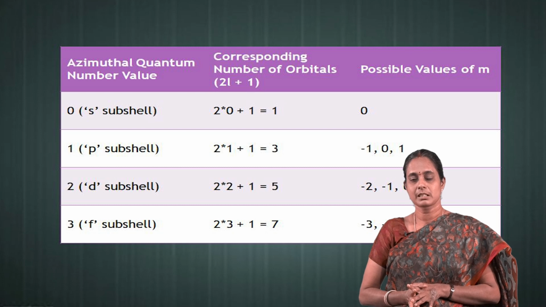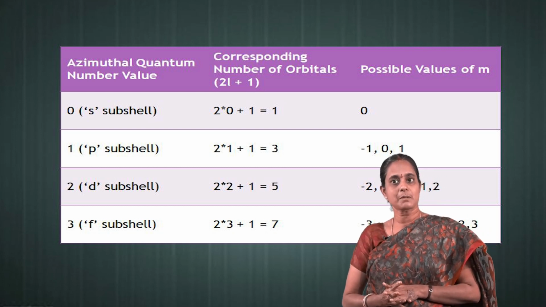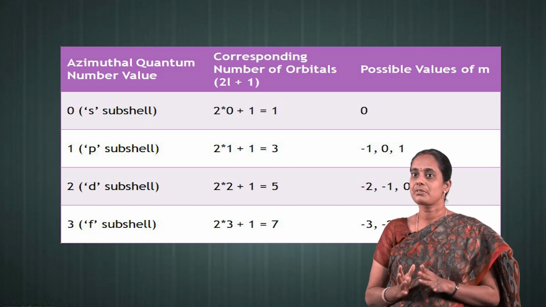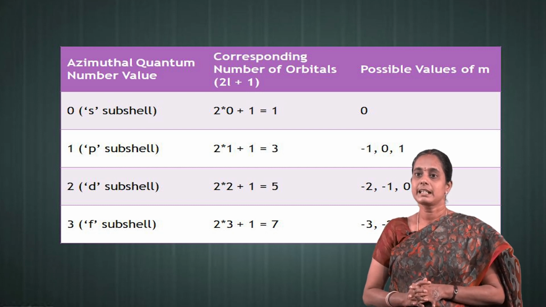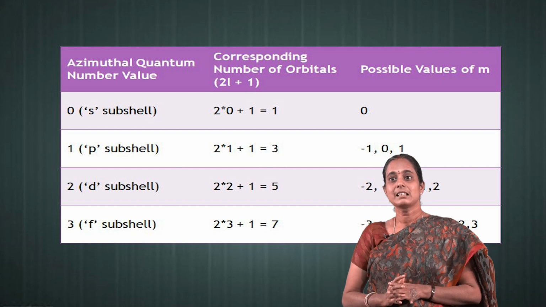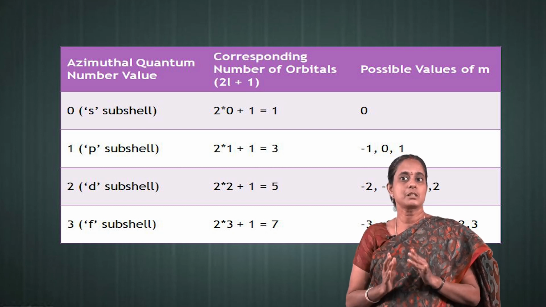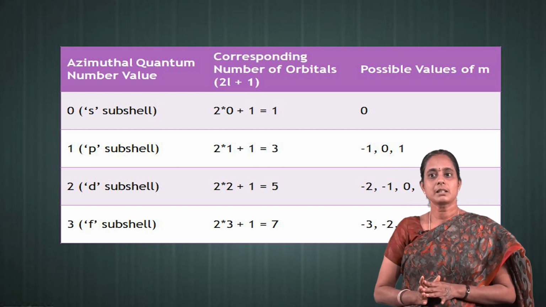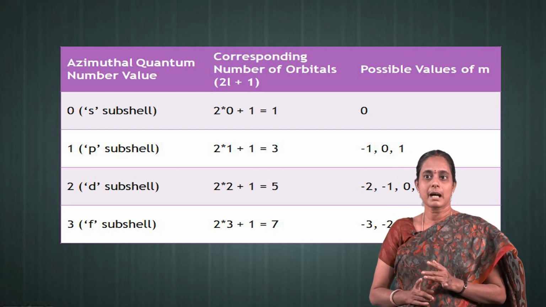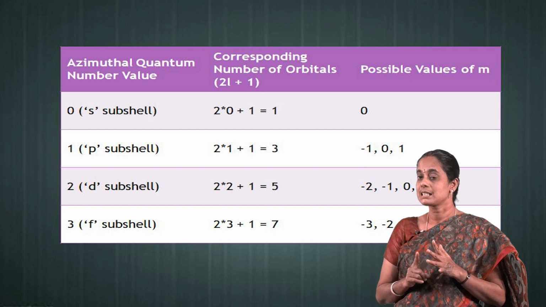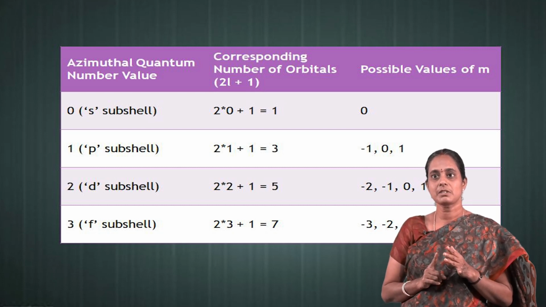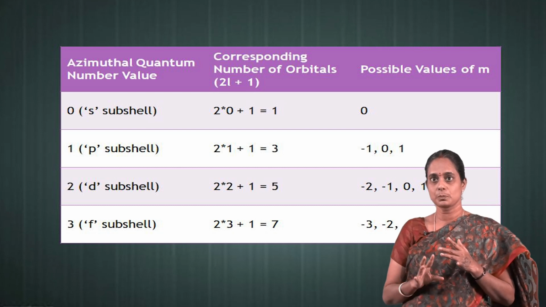Similarly, the d subshell, where l is equal to 2, has 5 orbitals. It is also known as the 5 double dumbbell shaped clouds. That is, the magnetic quantum number values are -2, -1, 0, +1, +2, ranging from -2 to +2.